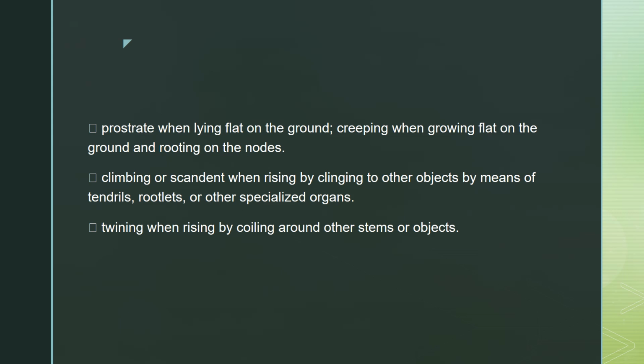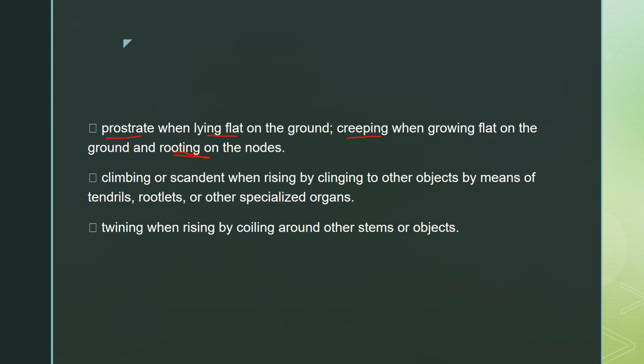Also we have prostrate. Prostrate is when laying flat on the ground. And also we have creeping stem, when growing flat on the ground and rooting at the nodes. See this type of stem? The creeping stem has roots on the nodes.